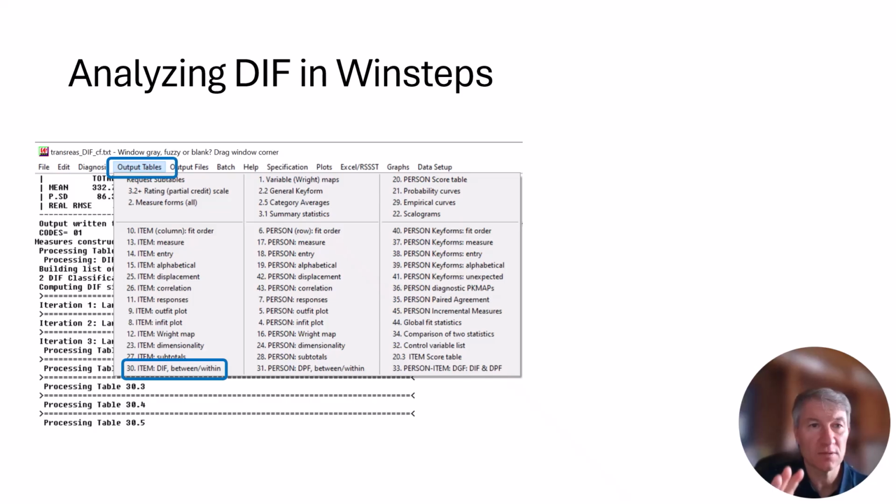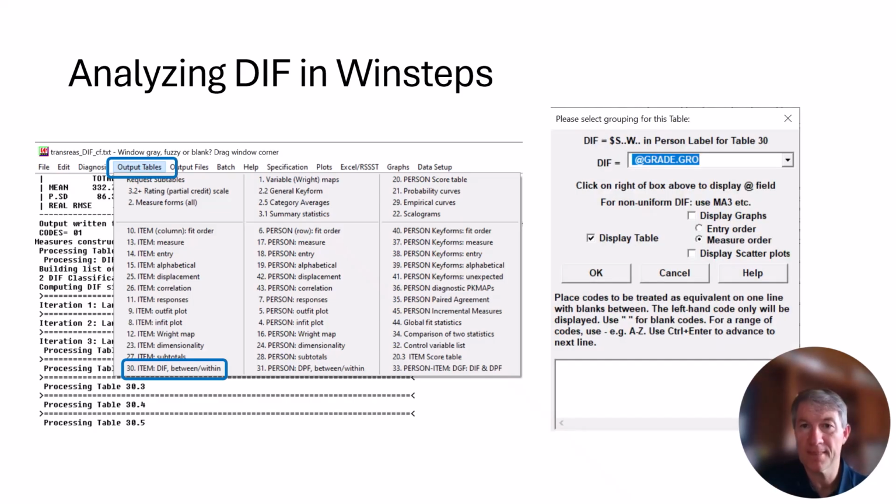If you go to this menu and release on Output Table 30, it will bring up a pop-up window, and there's a down arrow there in the diff equals window. What you want to do there is click that down arrow and select the variable grade.gro.